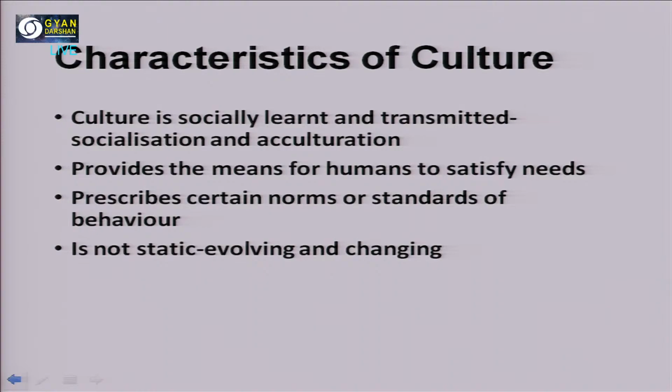Culture also provides the means for human beings to satisfy needs. Now, all human beings have certain basic needs: the need for hunger, the need for procreation, the need for sleep, etc. However, the way in which these needs are met is different from the way in which, say, animals fulfill these needs. Human beings have socially approved or socially sanctioned ways of fulfilling these needs.